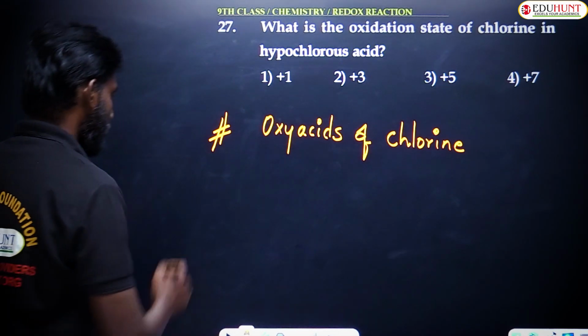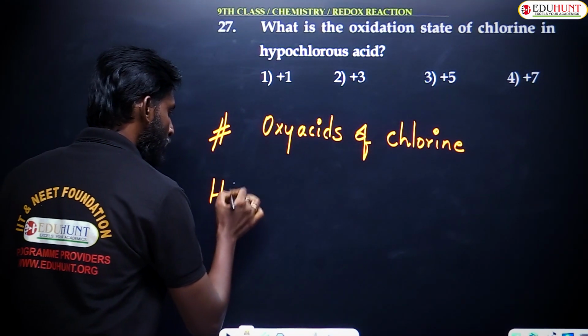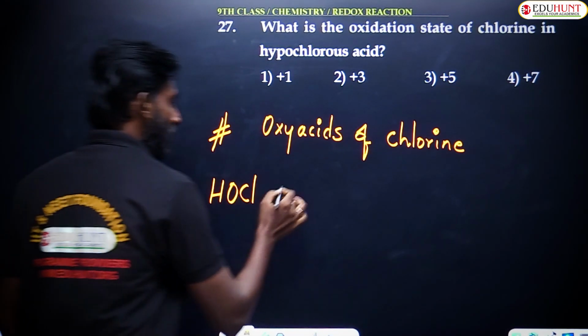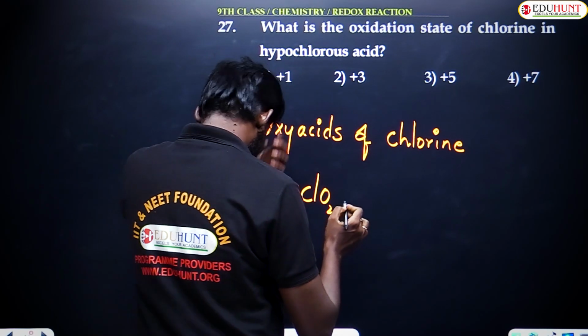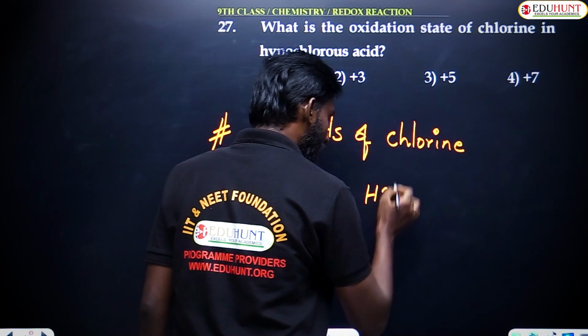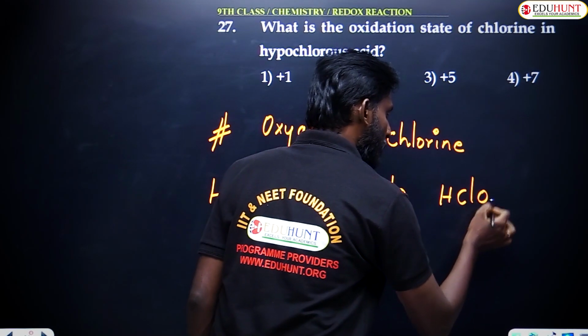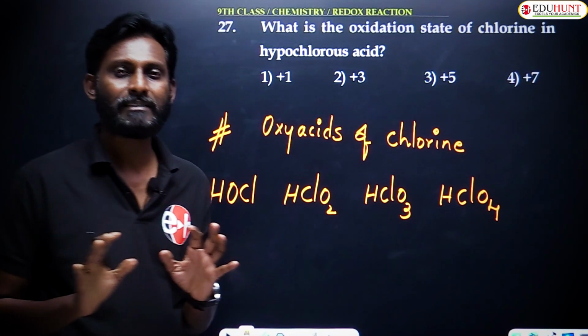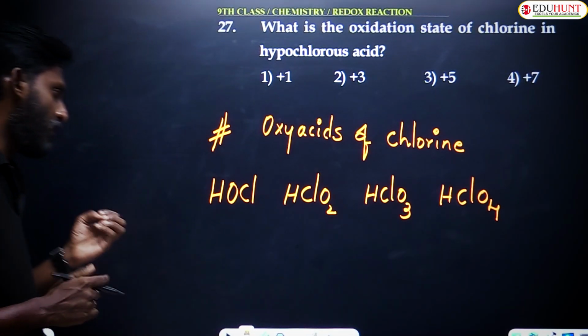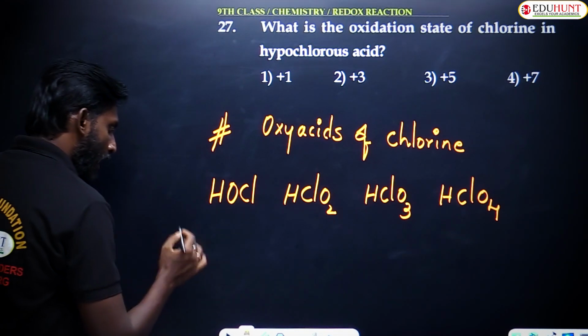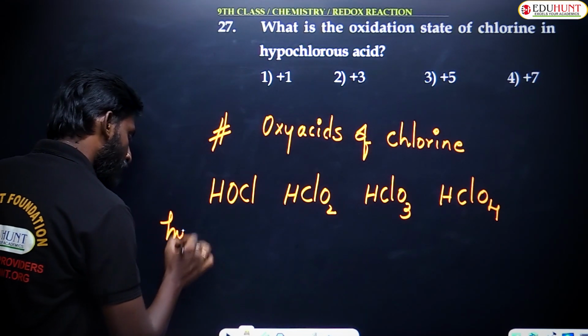Shall I give you? Yes. HOCl, HClO2, HClO3, HClO4. These are the important oxy acids of chlorine. They have their specific names also. This is hypochlorous.